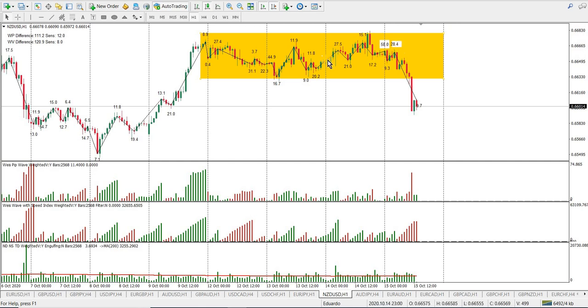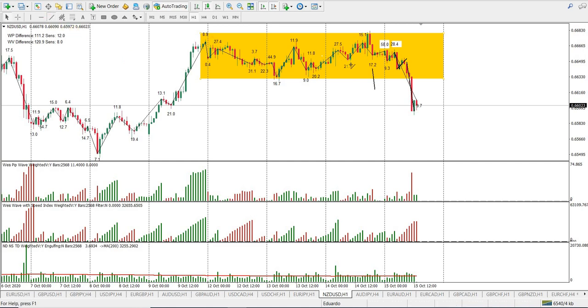So what do we do here? What do we see on the exit of the range? Just before the exit, now the waves are not touching properly, but if they were, we should have this here. Okay, and then down. But we see just before the exit, two patterns again, two Bluetooth reversal patterns. There we go.